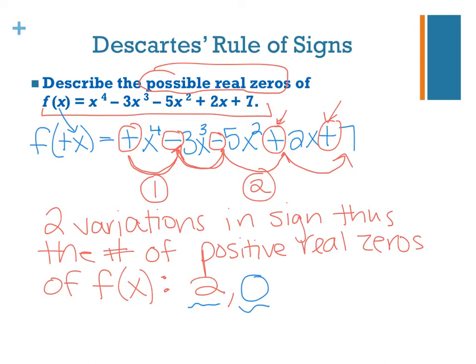I would decrease it by 2, because 2 is an even number. And so therefore we either get 2 or 0 positive real zeros. So if I graph this polynomial f of x, it is either going to have 2 x-intercepts that are positive or none. And that's what I'm saying right here.